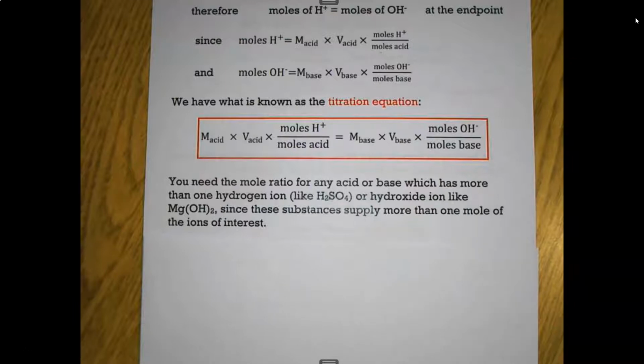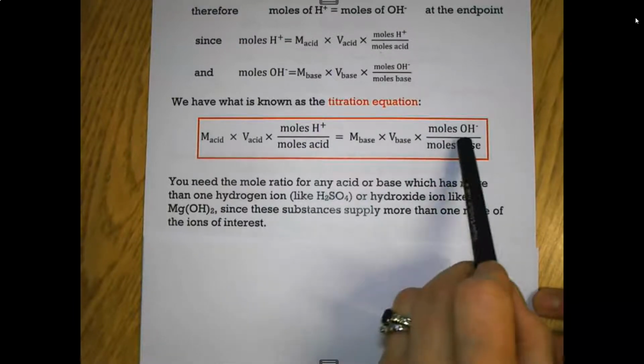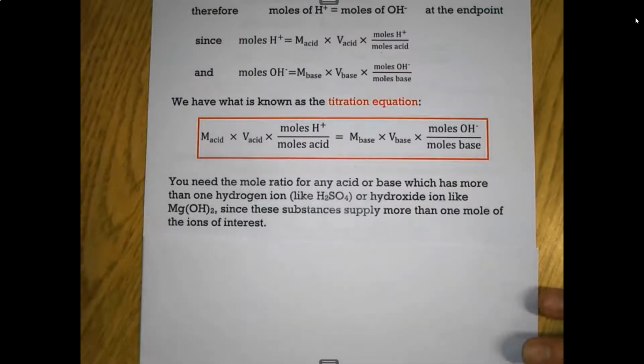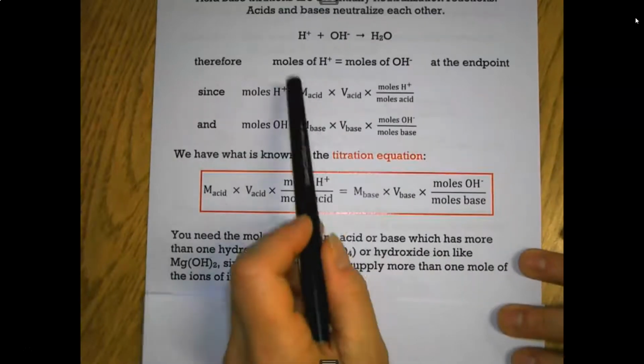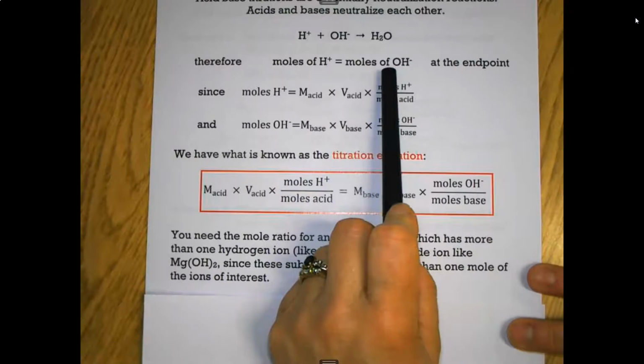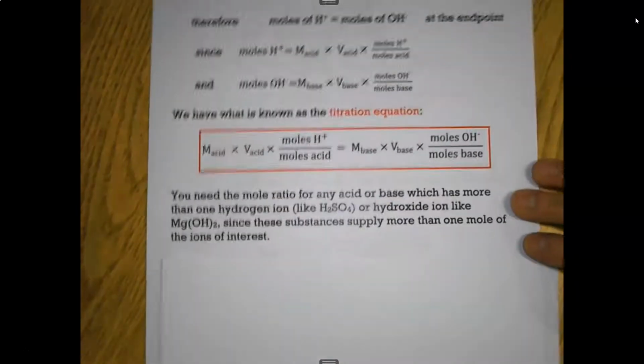So you've got to be aware of what the mole ratio is, in addition to just molarity times volume, so that you make sure you are actually neutralizing all the moles of H plus with an equal number of moles of OH minus. So that's the basics.